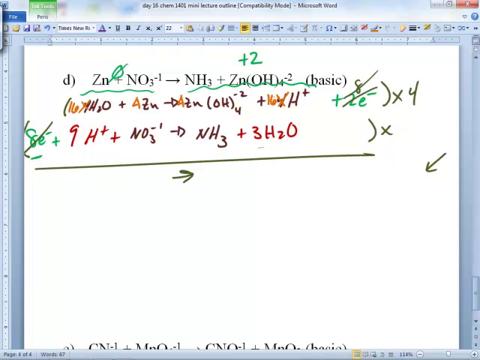By doing that, I can probably cancel my waters. Right? Because if you don't cancel your waters now, you're going to have to rewrite the whole thing again. Do you see that? I have 3 H2Os on the product side. That'll cancel and end up with how many? If I get all these guys to go away, I'm going to end up with 13.